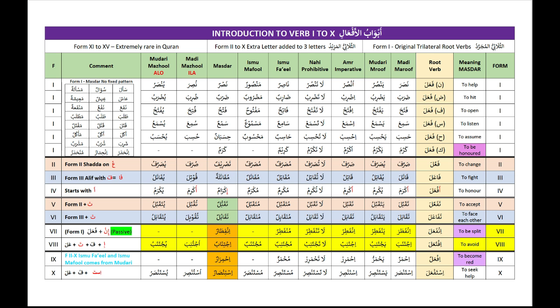Altogether, there are 9 keys of conjugations. First of all, we need to memorize the order in this way. We need to remember the order of these 9 keys of conjugation. So you will memorize it this way.